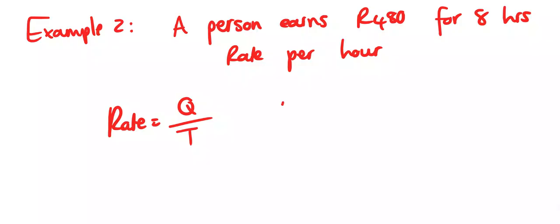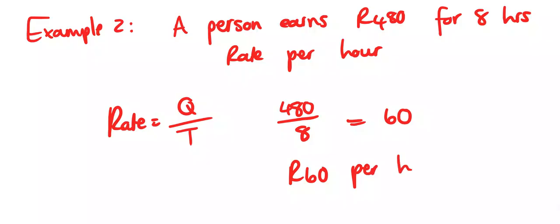In this case, we have 480 divided by 8, and we should get 60. That means this person gets 60 Rand per hour. Or you can just write it as 60 Rand per hour, like that. So that's the second example when it comes to our rates.